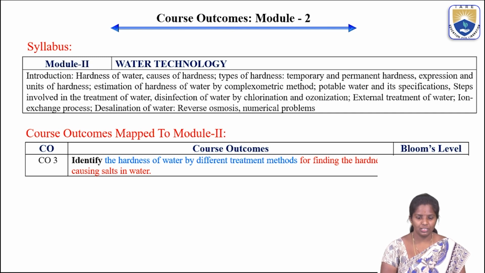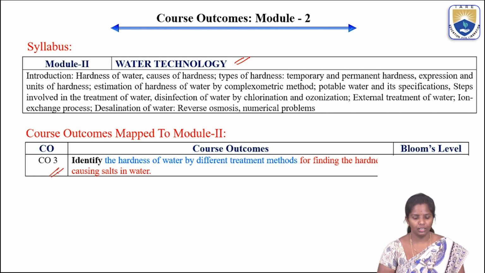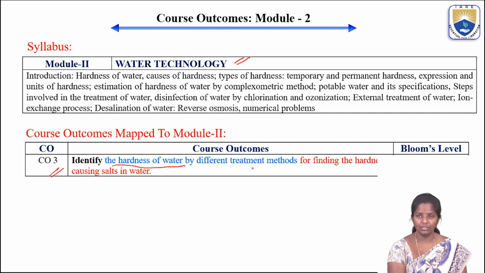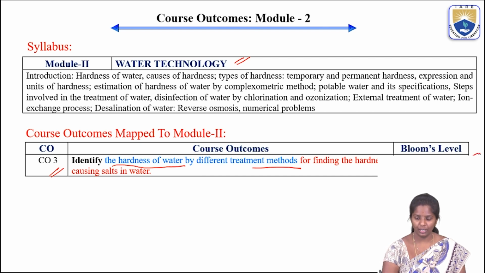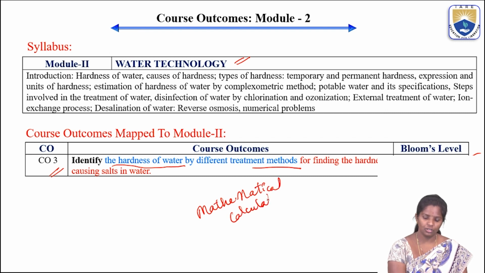For example, if you see module 2, water technology in chemistry, it is course outcome 3. It will identify the hardness of water by different treatments, for finding the hardness causing salts in water. So we are applying some mathematical calculations, we are applying our knowledge.